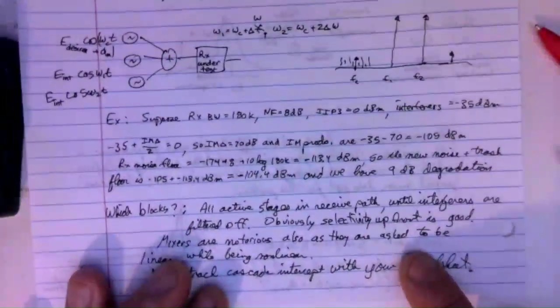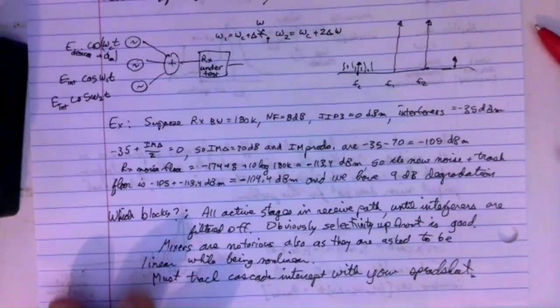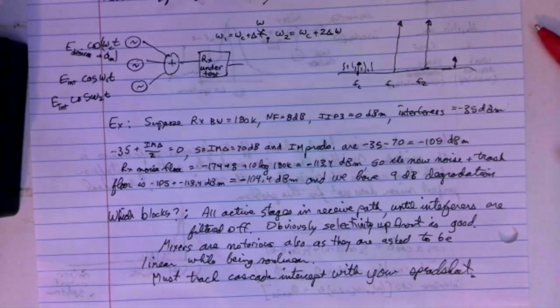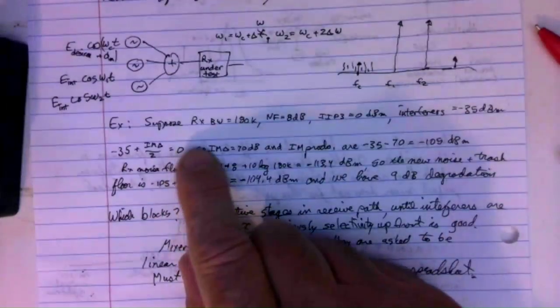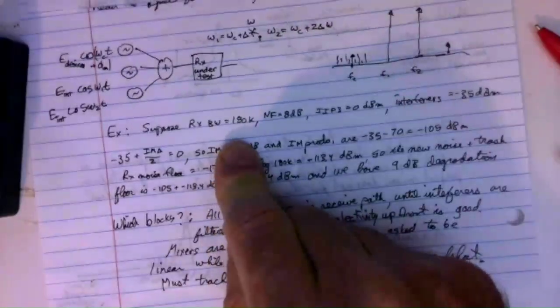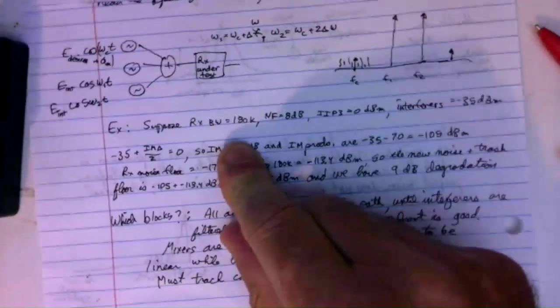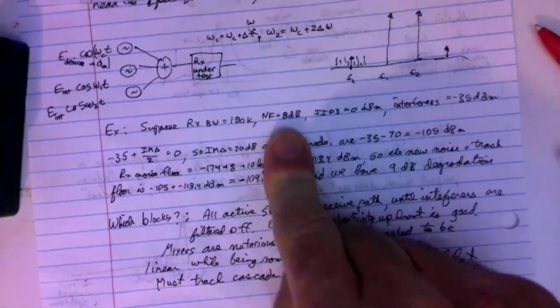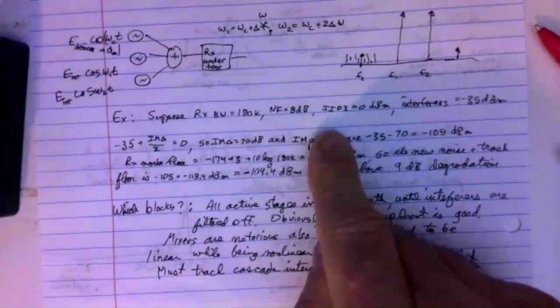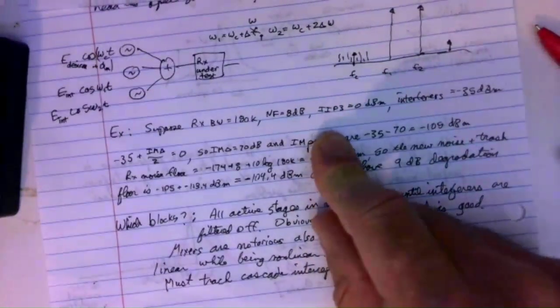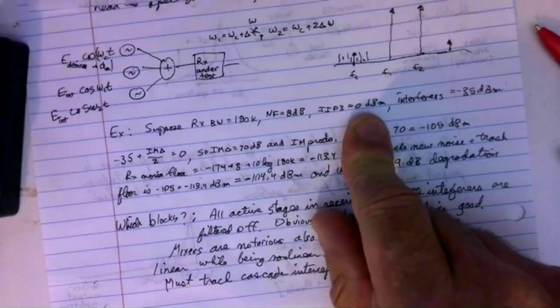All right, so let's look at a little example here. Again, suppose we have a receive bandwidth of 180 kilohertz. Suppose we have a receiver with noise figure 8 dB. Suppose the input intercept point of our receiver is 0 dBm.